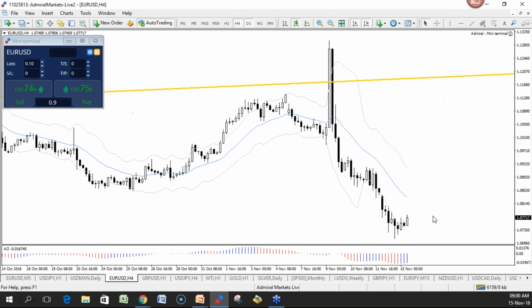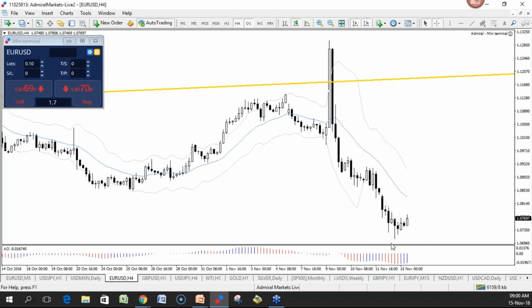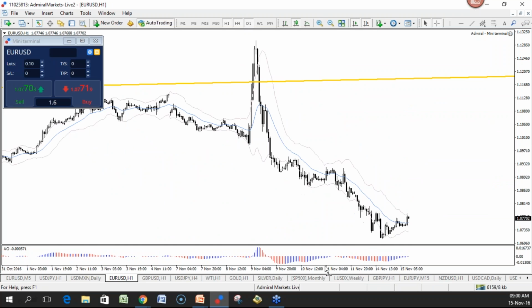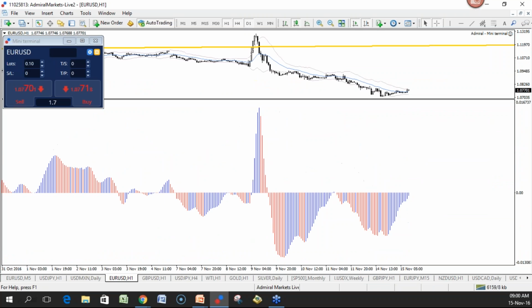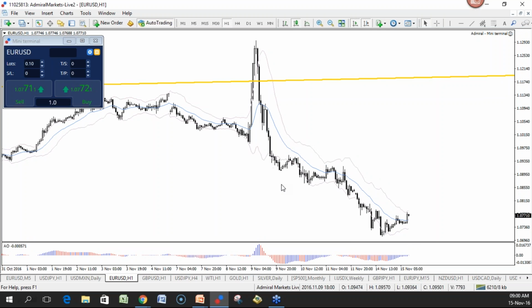So I think there's a bouncing spot at the moment on the euro dollar. We've had a sizable downside here of 580 pips. I think there's divergence on the hourly chart here. You see that clearly between these bottoms. Now, a single divergence on the hourly chart is not necessarily everything.